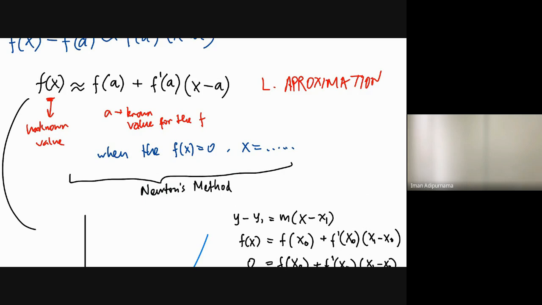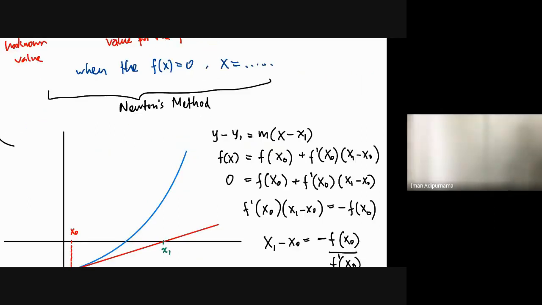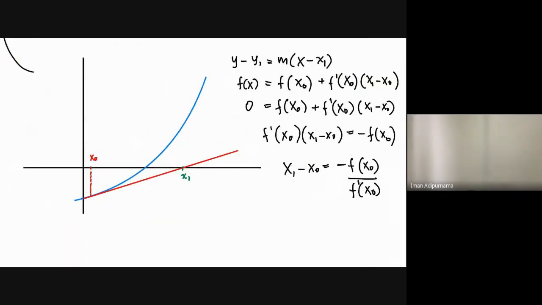We have a and x. X is our unknown value, a is the known value. But in Newton's method, we reverse this equation, and we need to find this x. That's why we have this x1 minus x0.